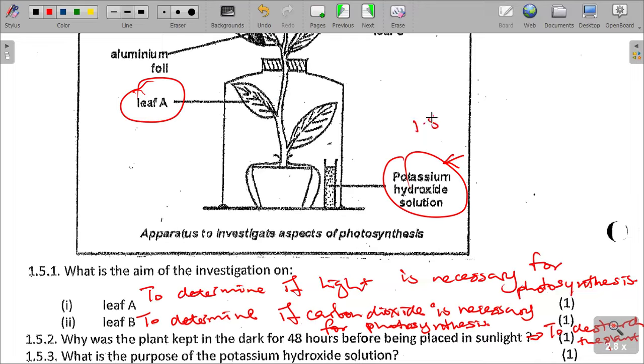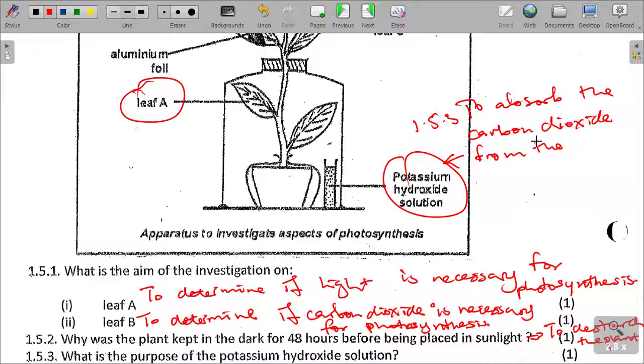It is to absorb the carbon dioxide from the bell jar.